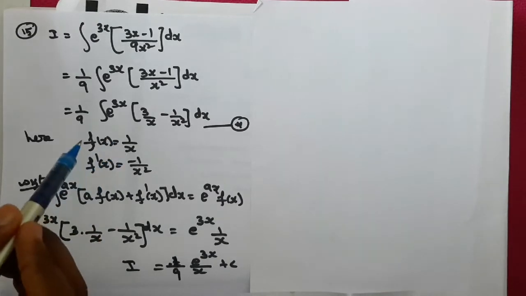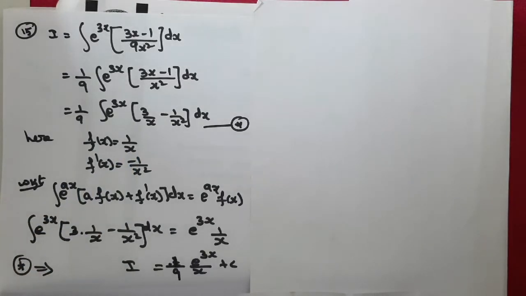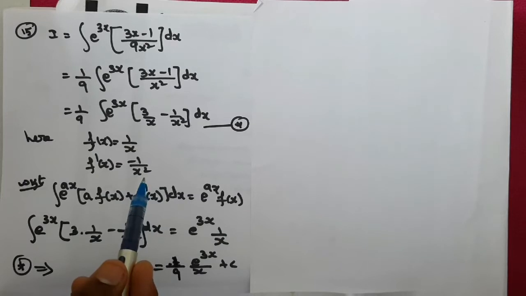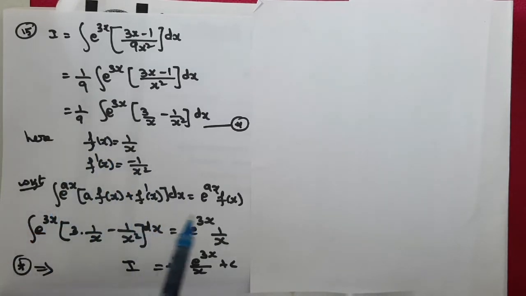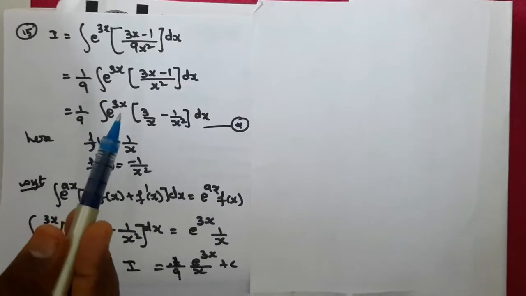Now differentiate. f dash of x equal to, by the formula, here the power is 1. So we know the formula. When you differentiate 1 by x power n, what is the formula? Minus n by x power n plus 1. So minus 1 by x power 1 plus 1, so x square. So take these two. Now go for the formula, write the formula here, and in the place of a you apply 3, because here it is 3.